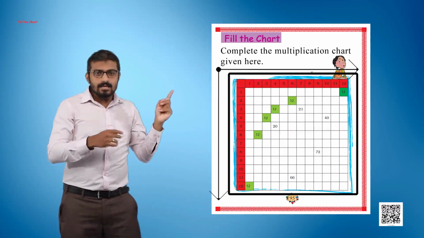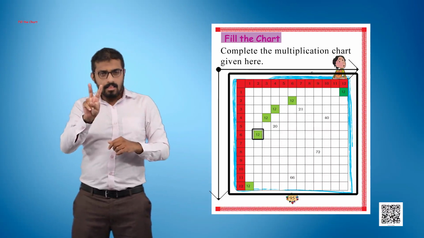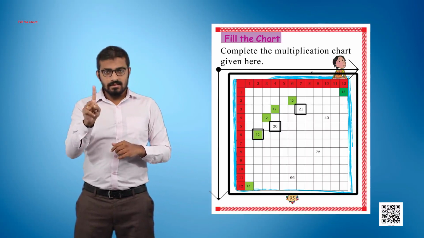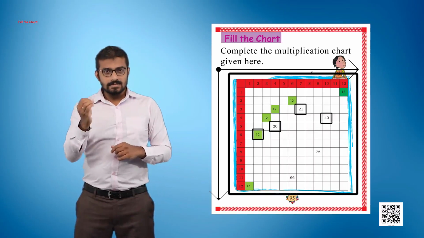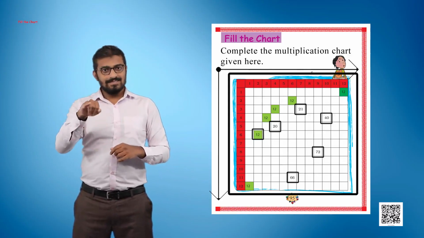Some numbers are mentioned on the grid spaces like 12, 20, 21, 40, 72, 66.